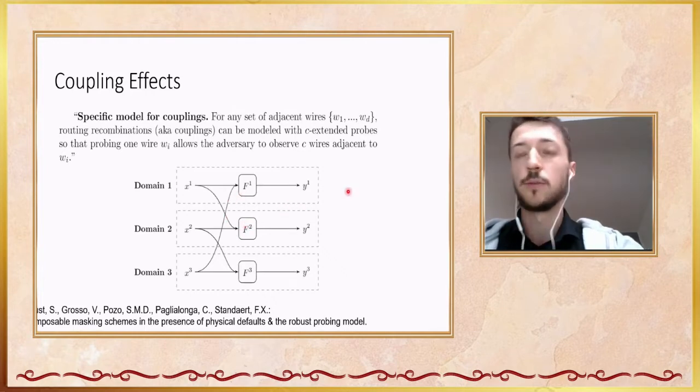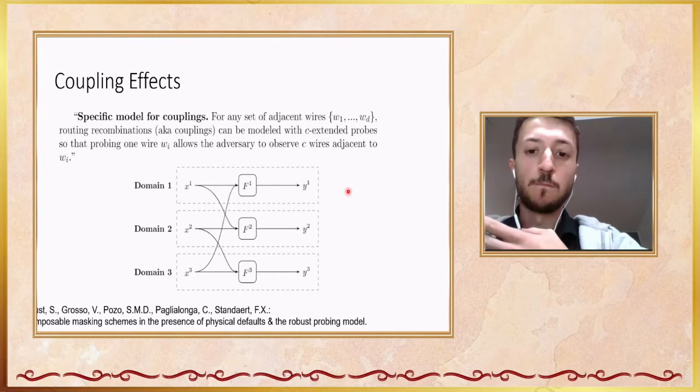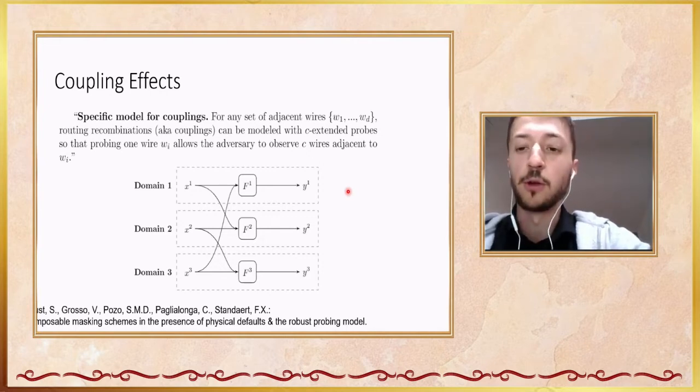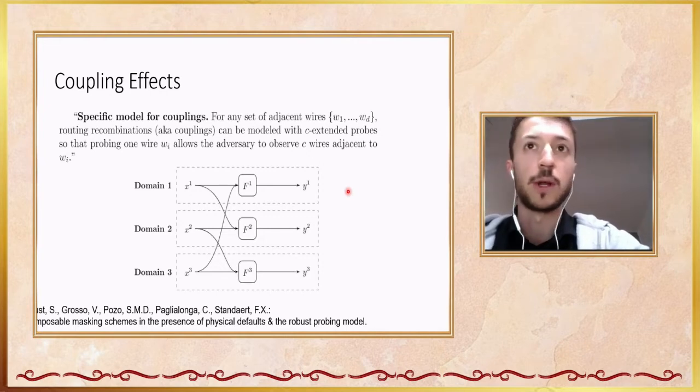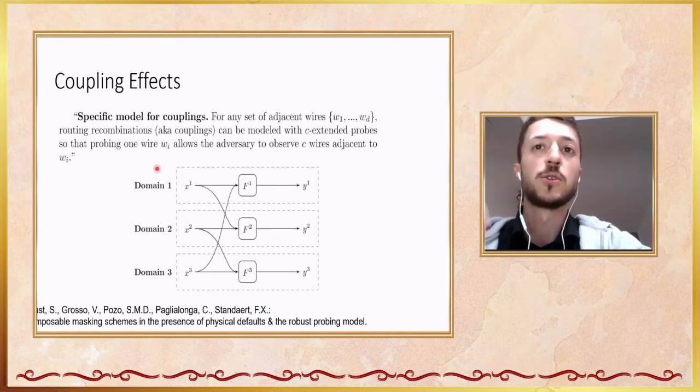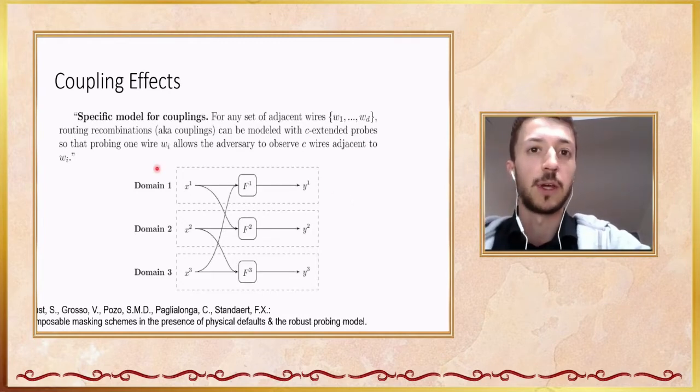A few things. The first is that coupling effects in hardware are not that strong, but we thought of including the effect anyway, just for theoretical purposes. And second, we assume that there is some sort of domain separation technique available.